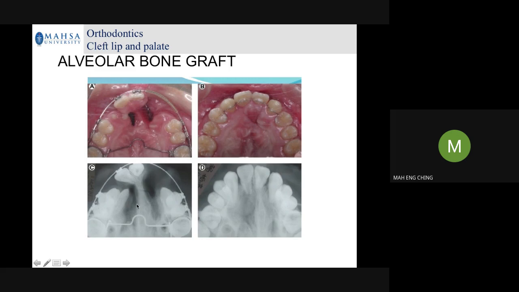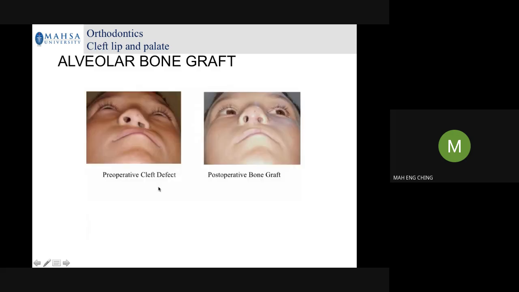After they pack with the bone, the canine can erupt nicely into place. You also see after the bone graft, the side of the nose, or the ala base, can raise up a little bit. So the nose goes from flat to a better form. The bone graft can raise or turn up the nose a little bit, at the premaxilla area.